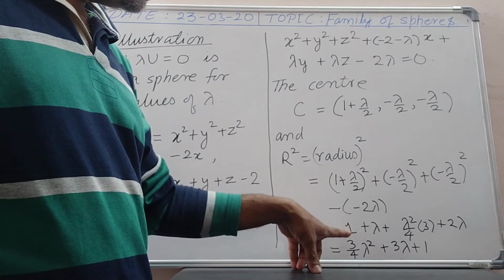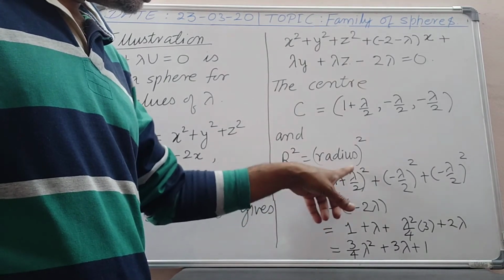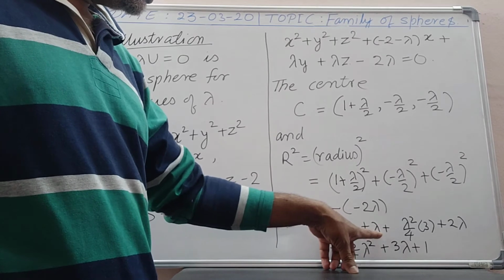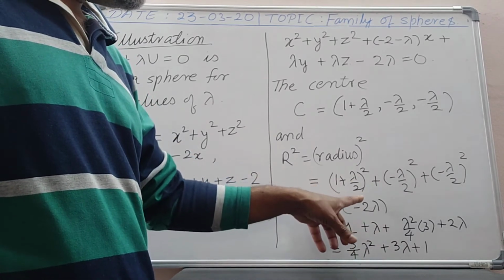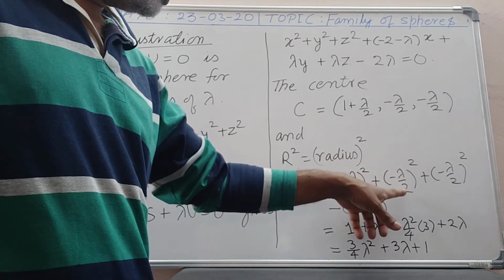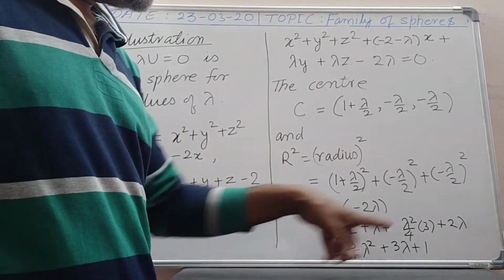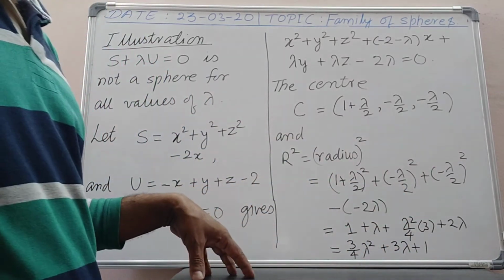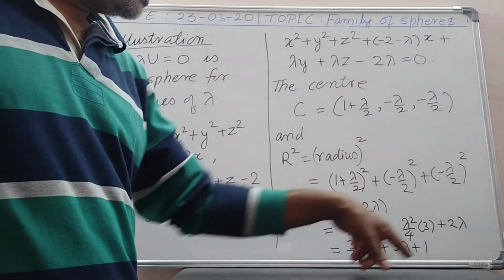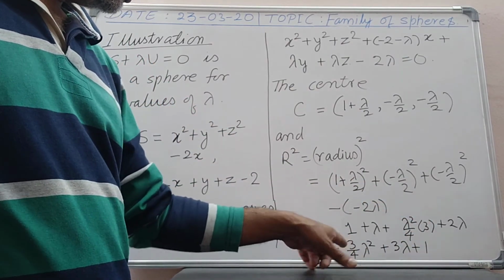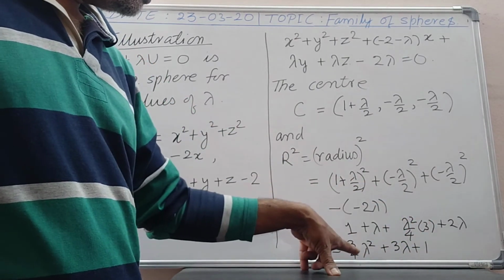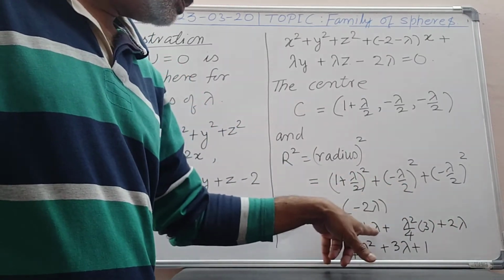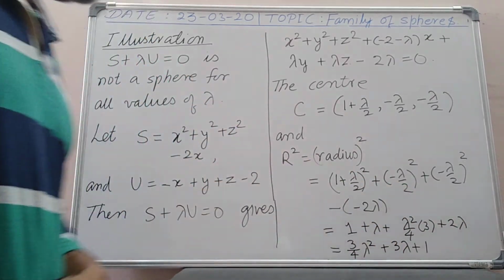What you get is 1, and then 2 times 1 into lambda by 2, which is this, and then you get lambda squared by 4. You again get lambda squared by 4 from here and here. So 3 times lambda squared by 4, and this gives you 2 lambda. So 3/4 of lambda squared, 2 lambda plus lambda is 3 lambda, and 1.